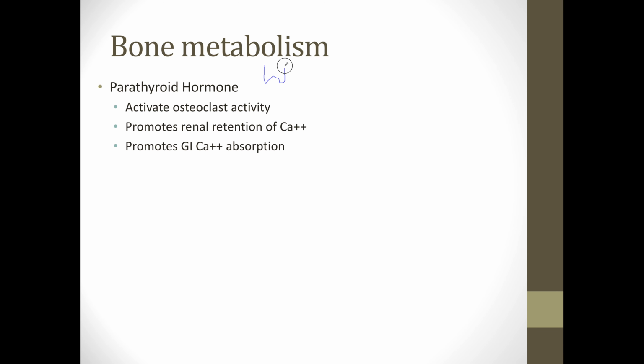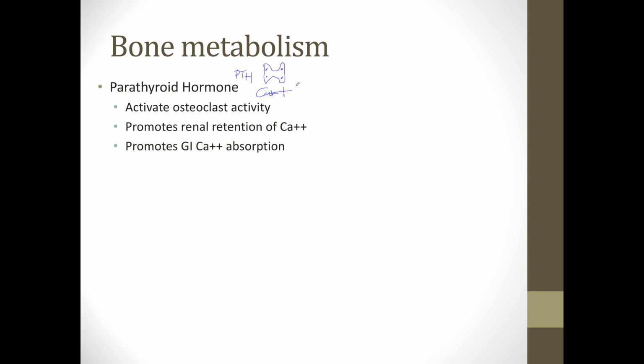The thyroid is like this butterfly-shaped gland, and if we look at it from the back, there are 4 parathyroid glands, and those glands make PTH. And parathyroid hormone, or PTH, is only released when levels of calcium in the blood are low.